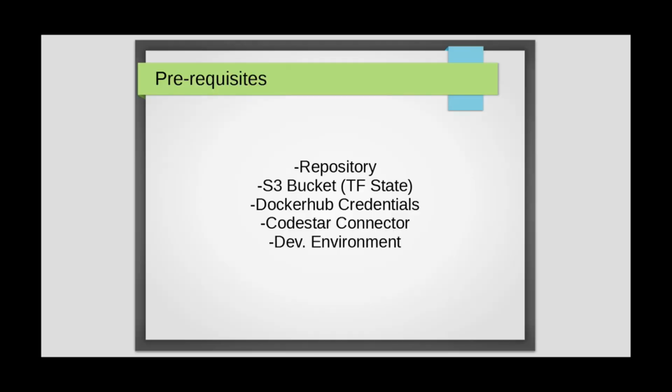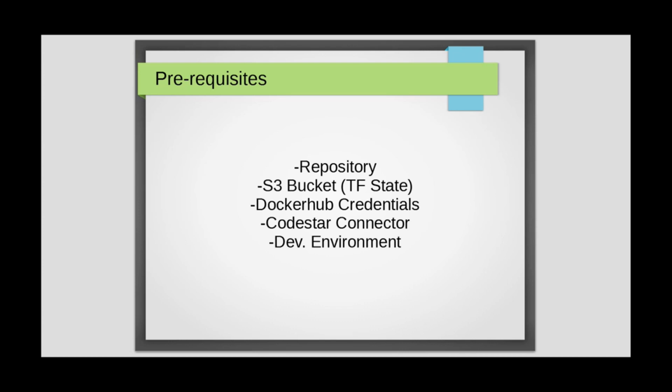this one manually. So these are the list of things we need to take care of before we actually get started. We need to create a repository. I'm going to use GitHub for our Terraform repository. We need to create an S3 bucket to store the Terraform state. We'll need credentials for Docker Hub so we can reliably download images, specifically the Terraform image.